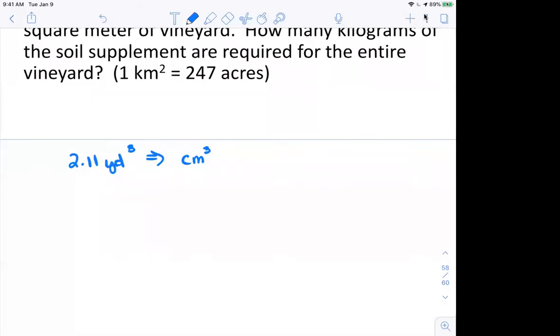If I look at my centimeters, there is a relationship where 1 foot is equal to 30.48 centimeters. I also know that 1 yard is equal to 3 feet, right?